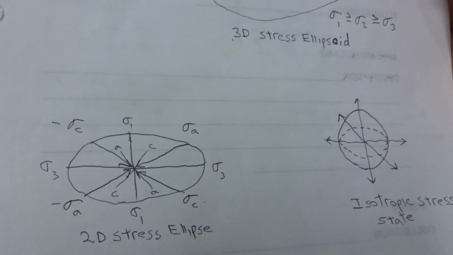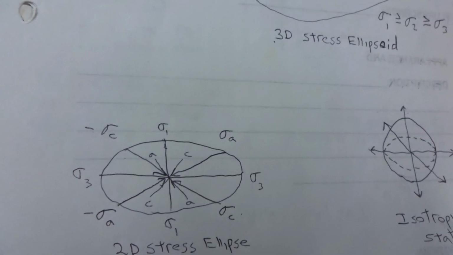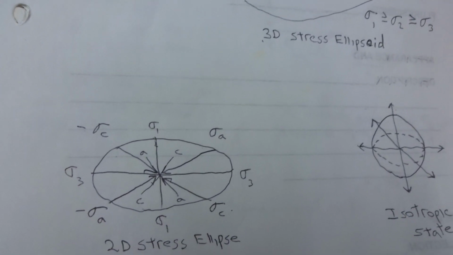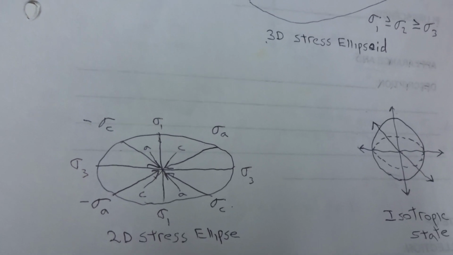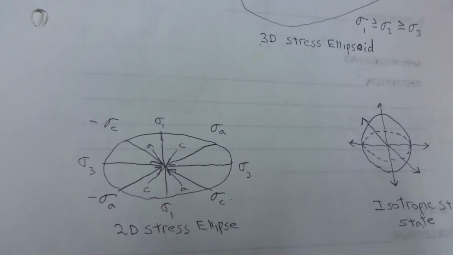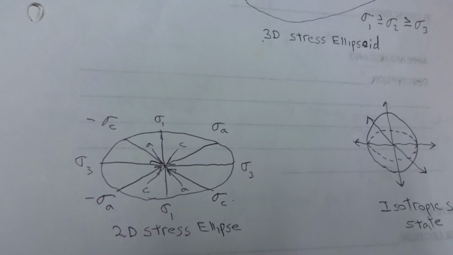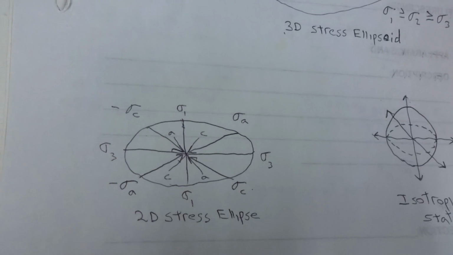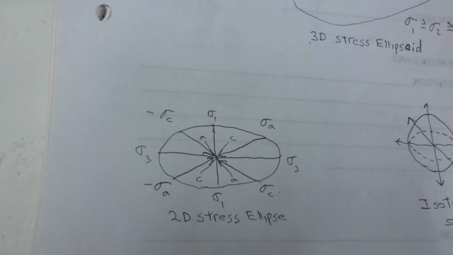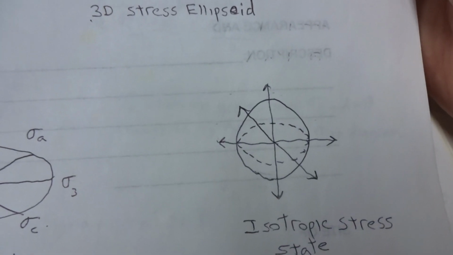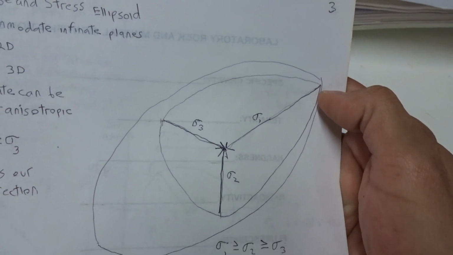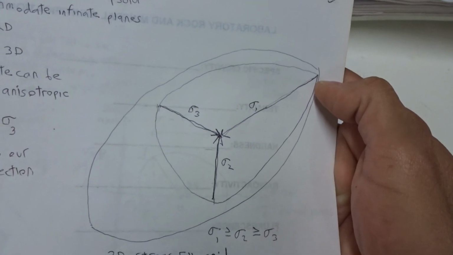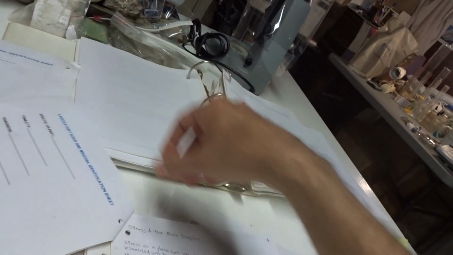In a two-dimensional diagram, we see the stress ellipse, where stresses, an infinite number of them, can be represented on a two-dimensional circle diagram, aiming toward the innermost part of that circle. Isotropic stresses, as in spheres, are in all directions, and the stress ellipsoid can account for greater detail on the types of stresses inside of a rock or mineral.